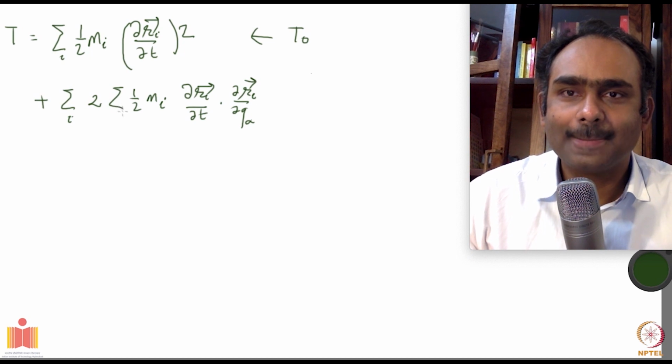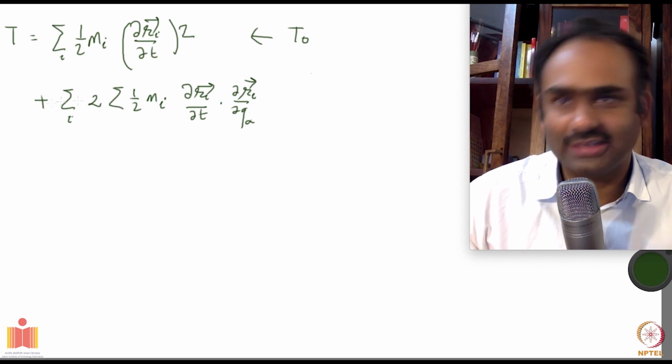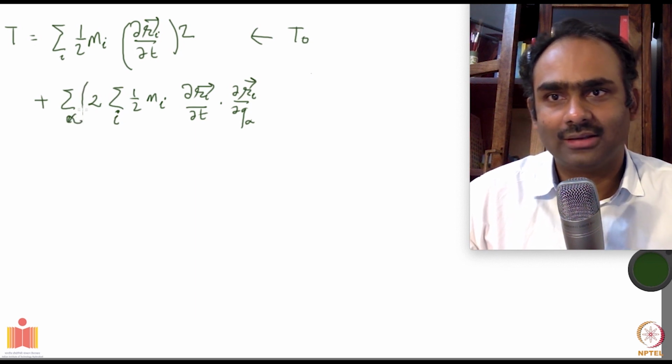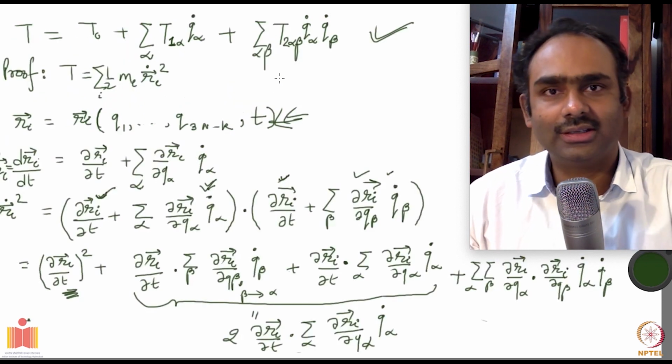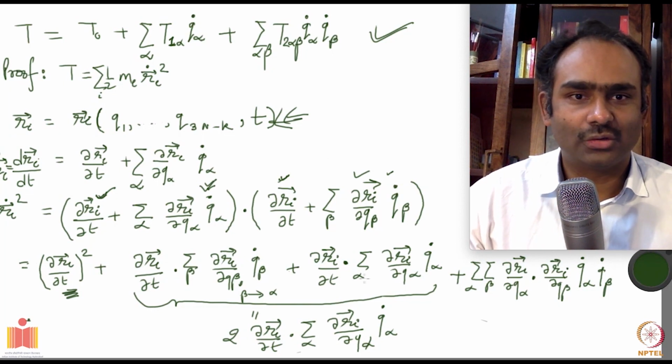And this is the summation over alpha, which I can take out, and I can put the summation over i in here, this entire thing with q alpha dot.